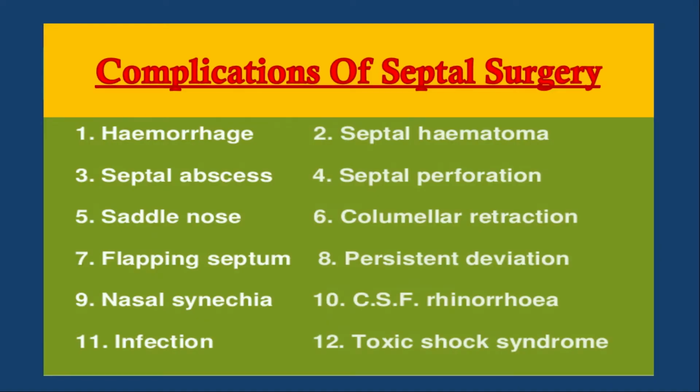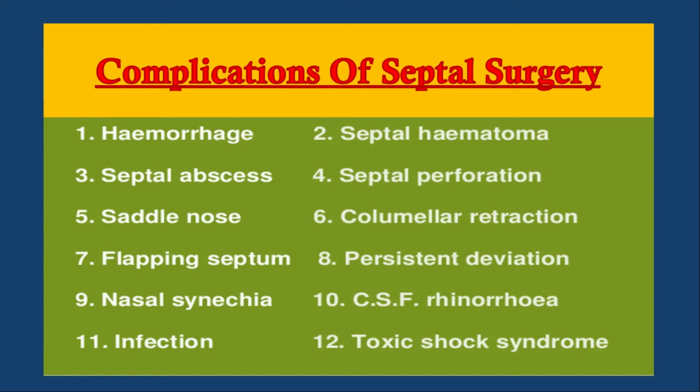We are going to talk about complications of septal surgery under certain headings, like septal hematoma, septal abscess and septal perforation. Other complications like hemorrhage can be due to elevated blood pressure or sometimes an aberrant blood vessel being cut during septal surgery.